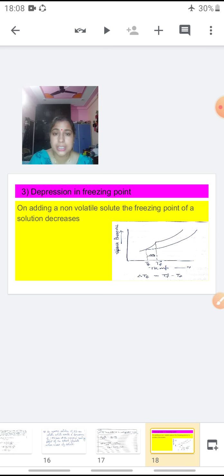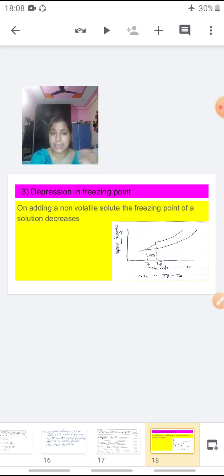Now, do you know the reason behind that? I'll tell you the reason. Children, if a non-volatile solute, that means a solute which cannot evaporate, is added to a solvent, then it lowers the vapor pressure, which depresses the freezing point.